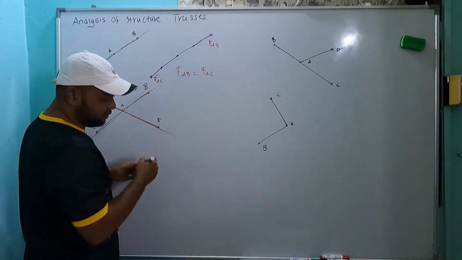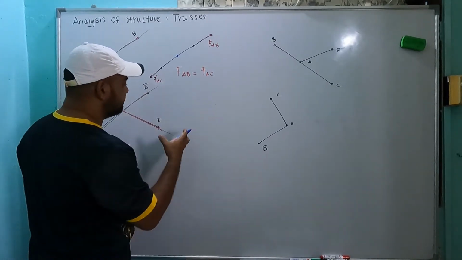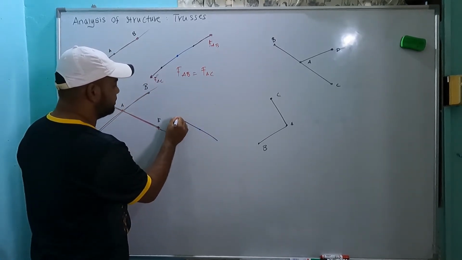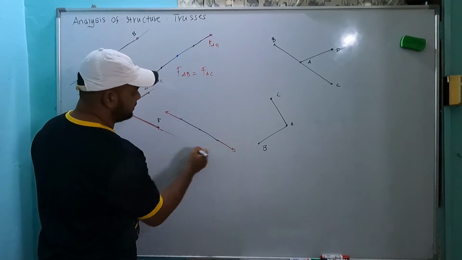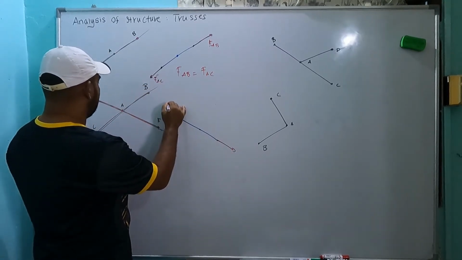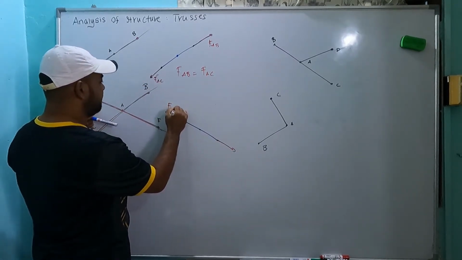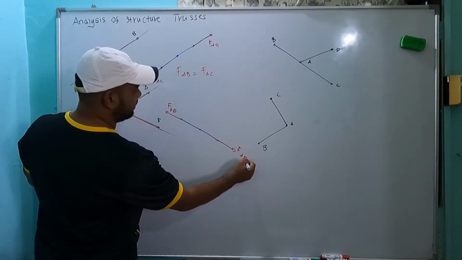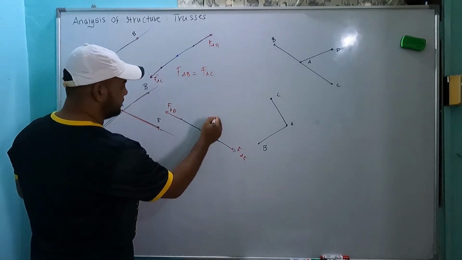So the force, if you look at the free body diagram, it is actually, because it is a two force member also, the force is this way. So F, this one AD, F AE. The other component is this one.